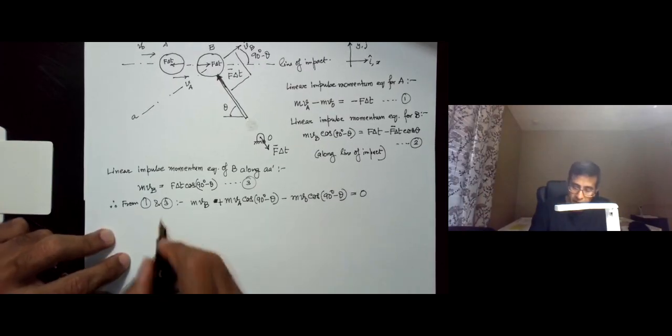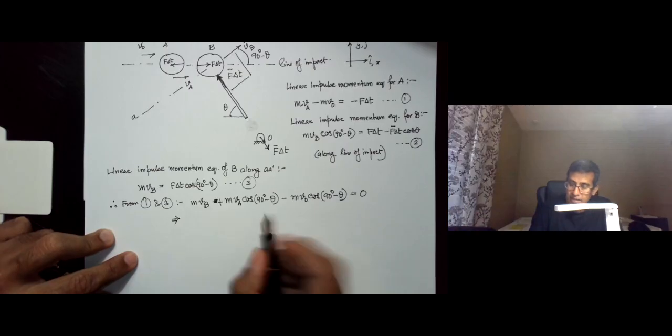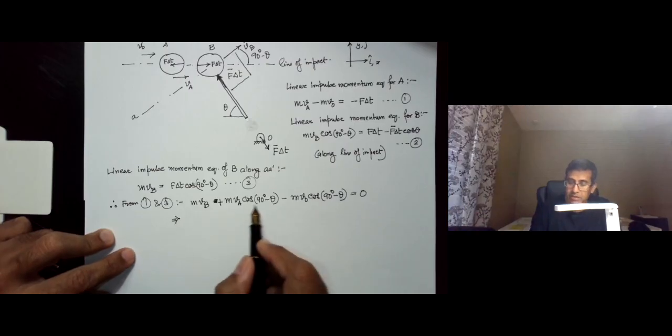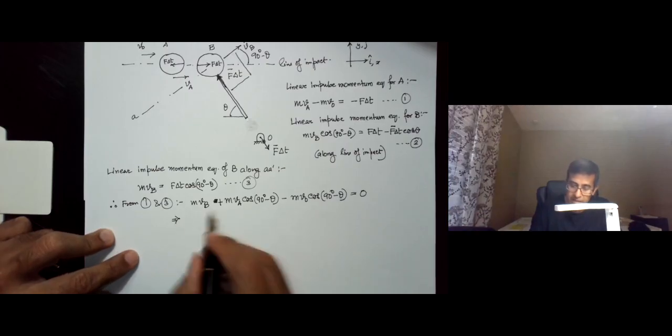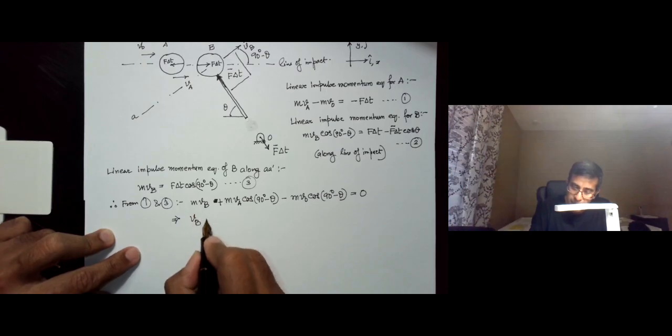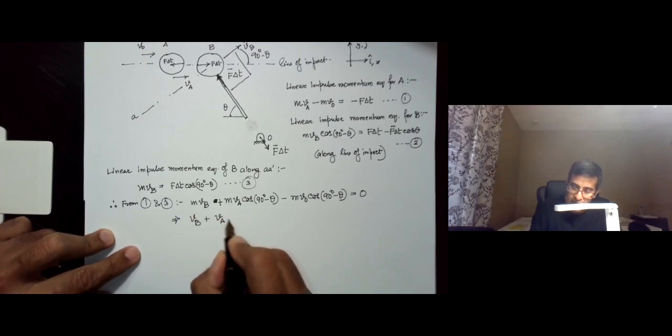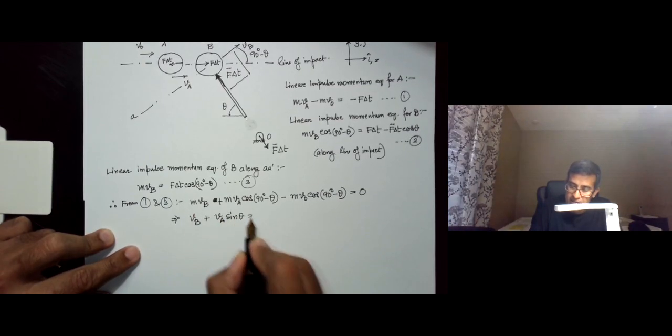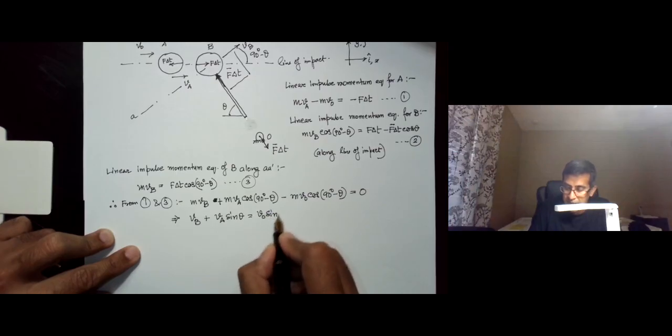And so if I cancel out m from all the terms and replace cosine 90 degrees minus theta by sine theta, we have got vb plus va sine theta is equal to v naught sine theta.